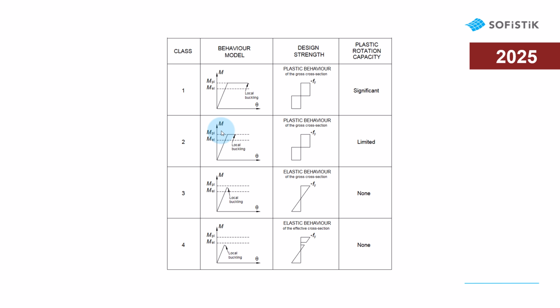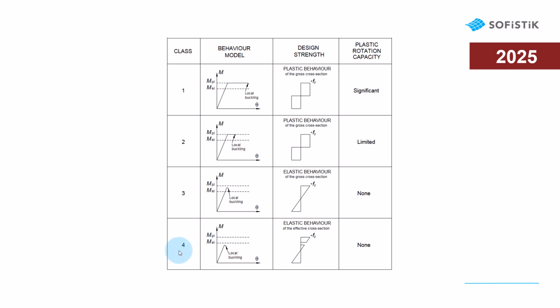If the structural steel part of the cross-section is more slender and subjected to compression stress, it may be classified in section class 3. In this case, the design check can be carried out based on the elastic stresses in the section. If the structural steel part of the section is even more slender, then the section might be classified in section class 4.